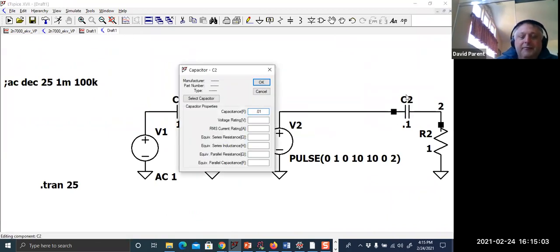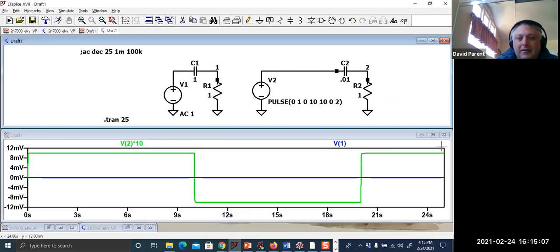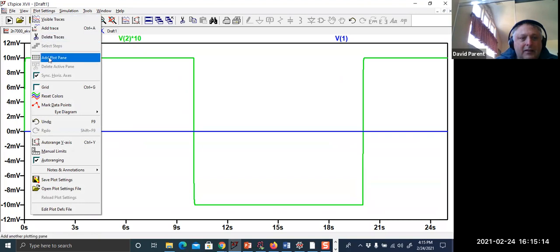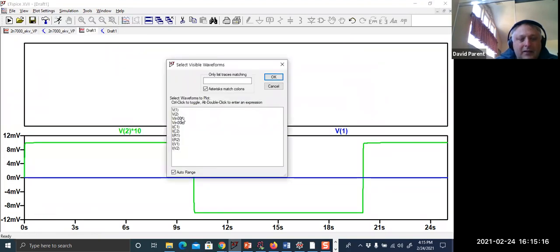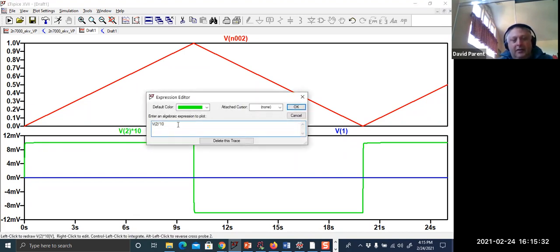And then if I do it again, it rapidly takes that derivative. It's just scaled incorrectly.